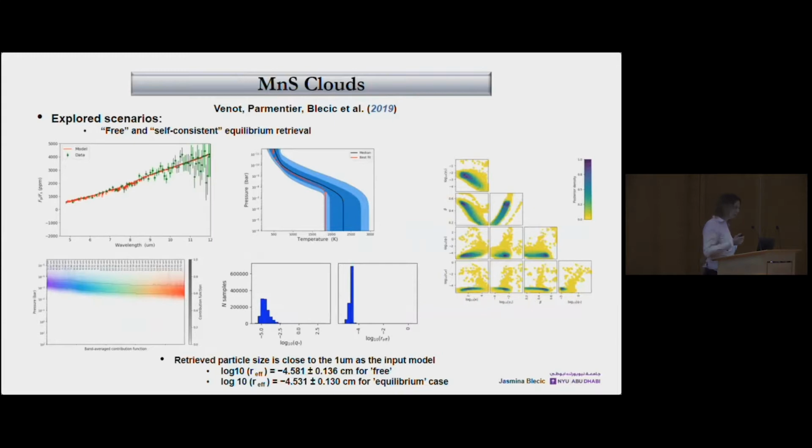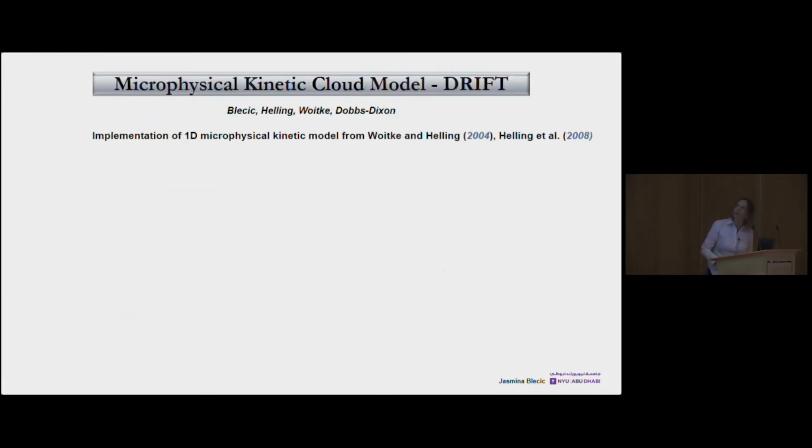What we concluded from these analyses is that it's very important to have more flexibility in our cloud models so we can actually model some features in our data. Having more free parameters will allow us to better model the data from JWST and MIRI.